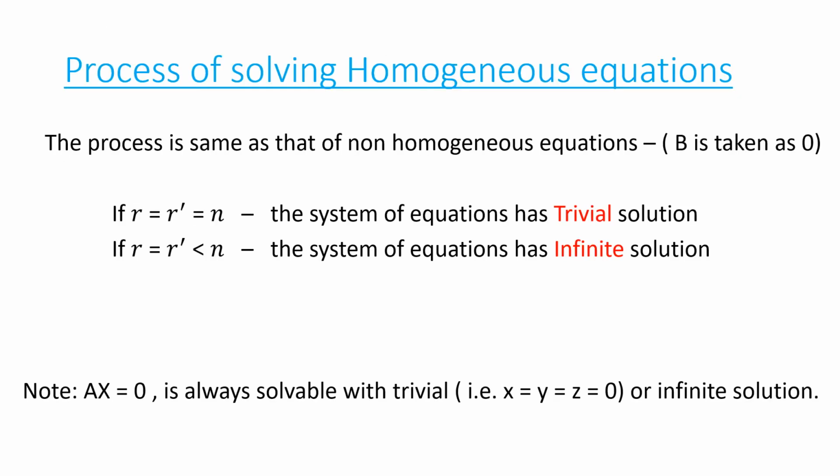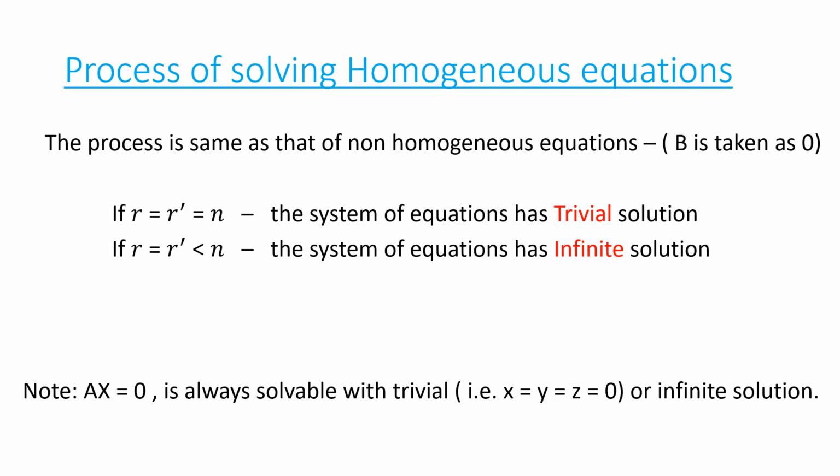Till now, we were discussing solving non-homogeneous equations. Now let's see how we solve a homogeneous equation. The process is almost the same as that we did on non-homogeneous equation, except the right hand side b is 0 here. There are a few changes in the condition. If r is equal to r dash is equal to n, the system of equation has a trivial solution.